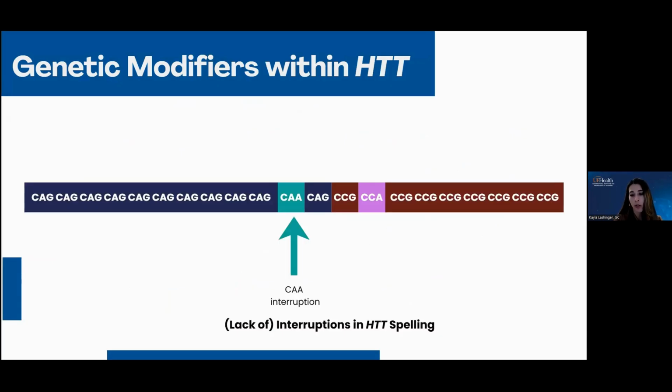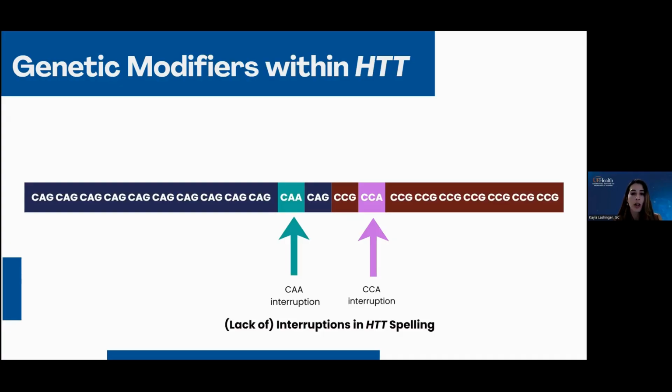We also know that right after the CAG sequence comes a repeating sequence of CCG, and the majority of people, again, have this CCA interruption. Essentially what these interruptions do is help to stabilize this long stretch of repeats and make it easier to replicate without being prone to changes or defects and differences in expansion.